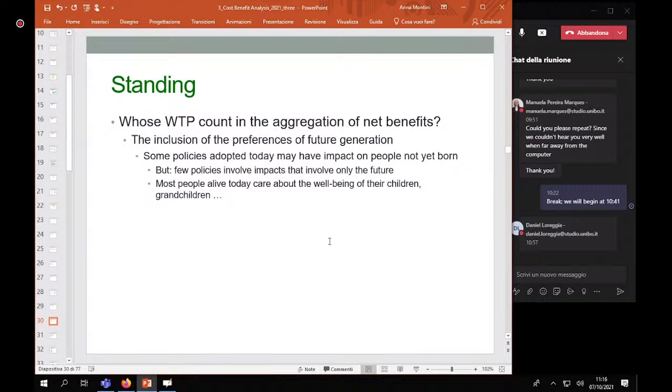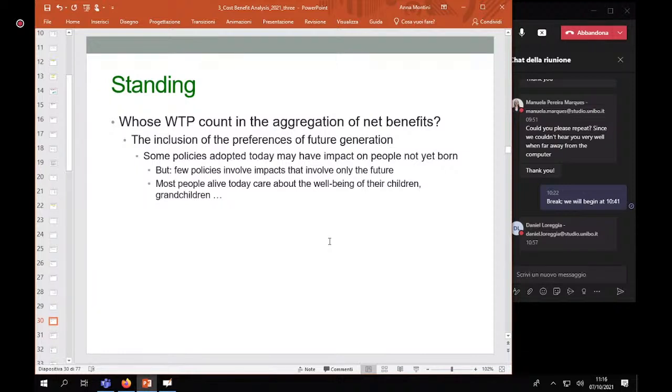Only the preferences of the present generation, or do I have to include also the preferences of future generations? Some policies adopted today may have impact on people not yet born, but few policies involve impacts that involve only the future. Most people alive today care about the well-being of their children, grandchildren, and so on.